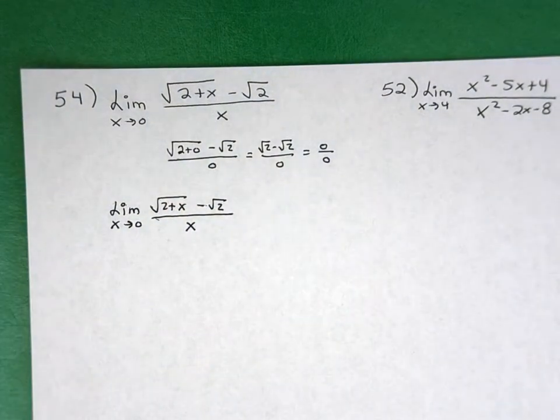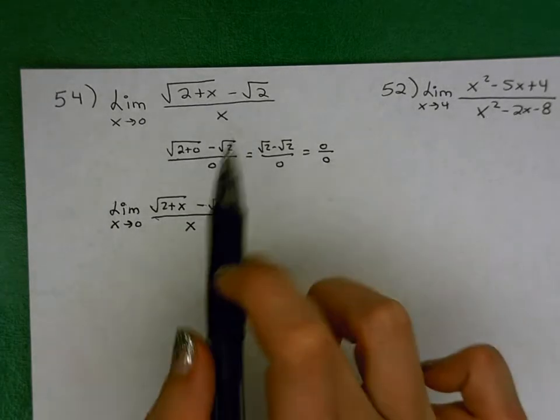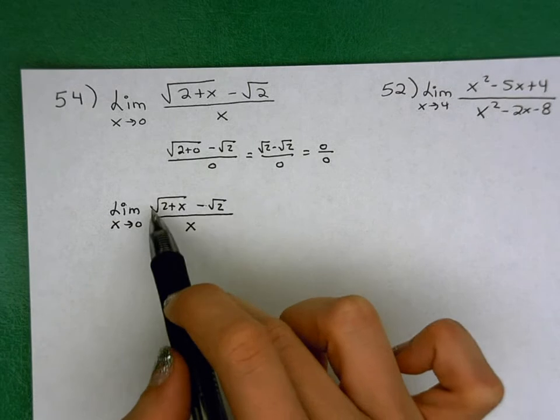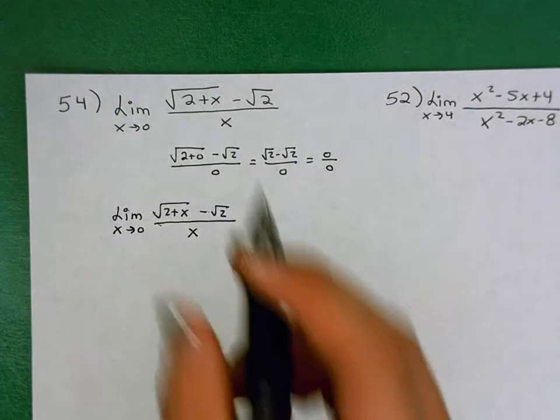There are different techniques you can use, and we talked about 3 of them in class: factoring, multiplying by a conjugate, or simplifying by getting rid of the complex fraction. In this particular case, I noticed the square root, and that usually is my cue that it's probably going to be multiplying by the conjugate.